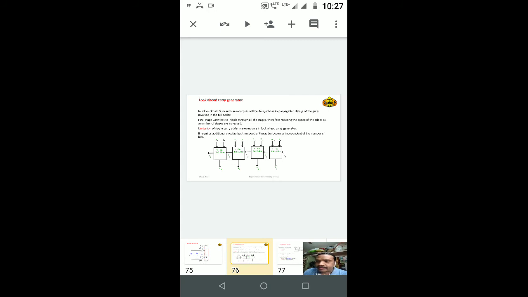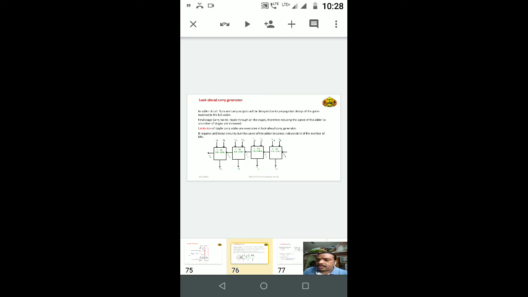connected in cascading, that is, in series. Then you can perform the addition.